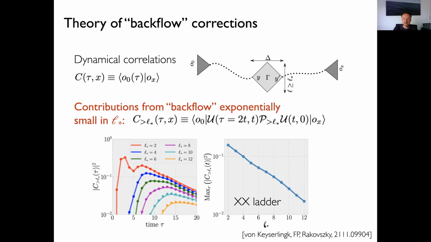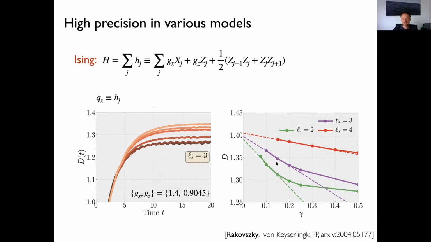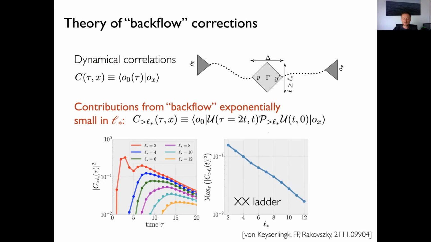This insight helps us on the one hand to argue why this method works, and on the other hand to understand why we get this kind of linear extrapolation here as a function of gamma.